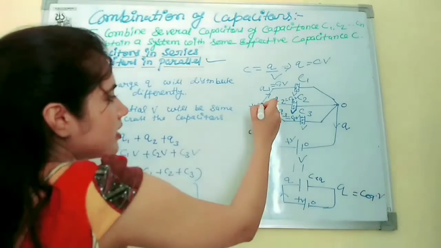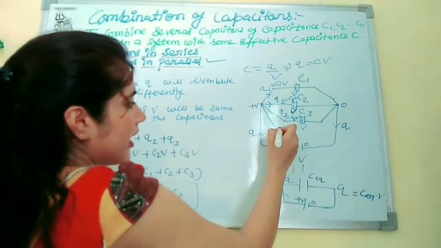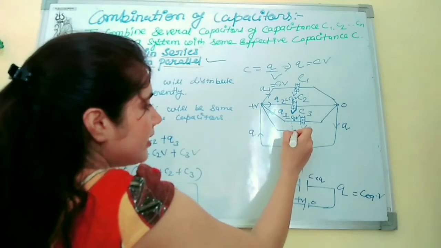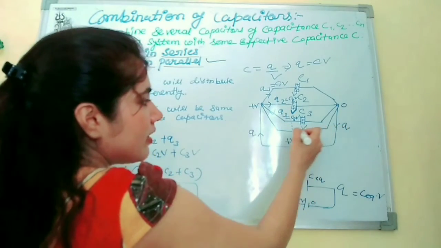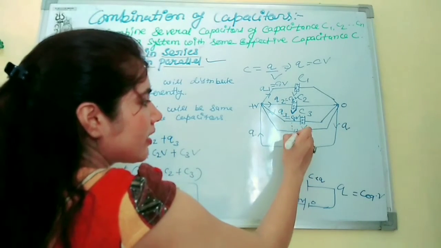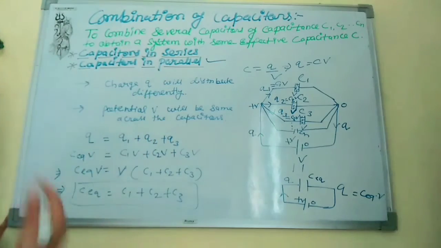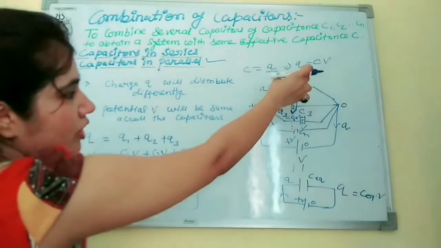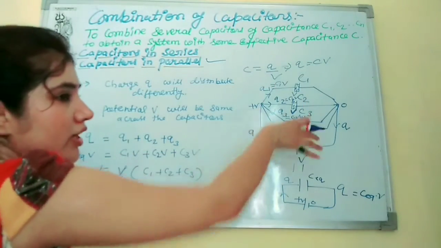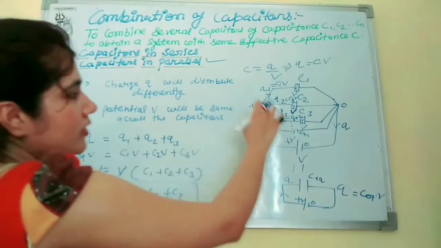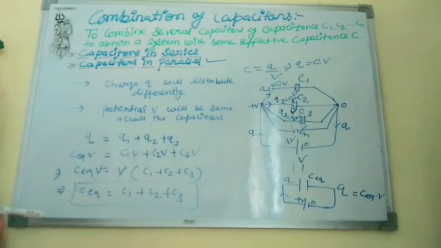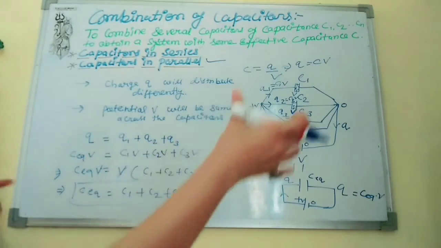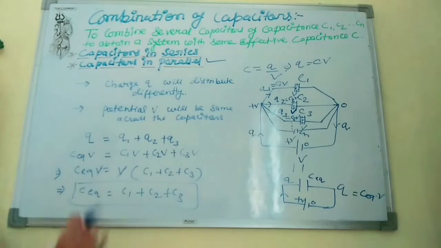Suppose in this circuit we connect n number of capacitors in parallel like this, that will be Cn. Again this V will be distributed in the same way for every capacitor, and the charge will be distributed in a different way, that will be Q1, Q2, Q3 up to Qn.